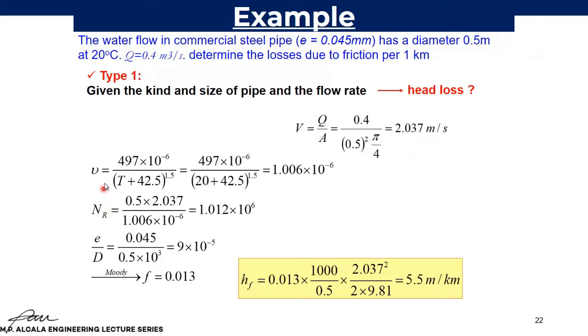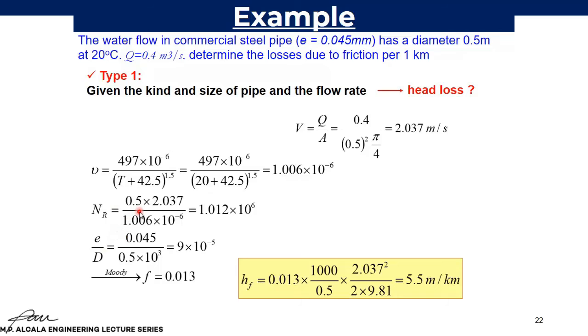So actually, class, this is the formula for the kinematic viscosity: 497 times 10 to the negative 6 divided by the given temperature plus 42.5 raised to 1.5. So the kinematic viscosity is simply 1.006 times 10 to the negative 6. So that is your solving for the Reynolds number.